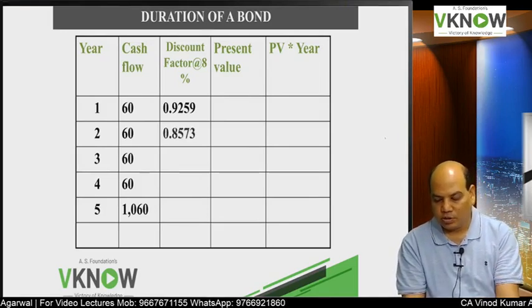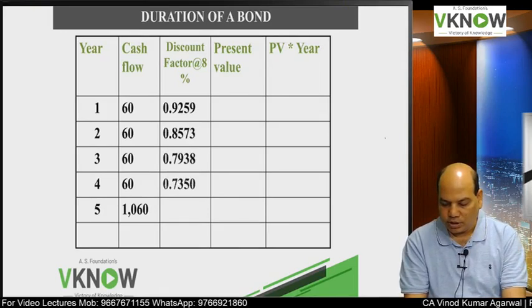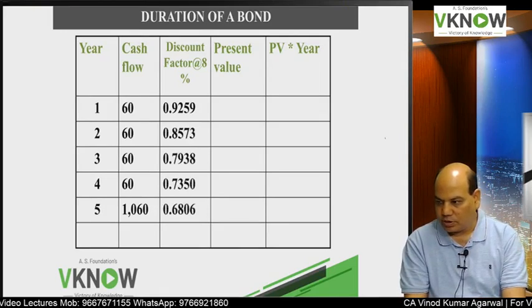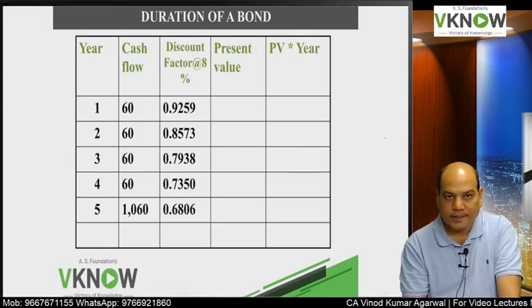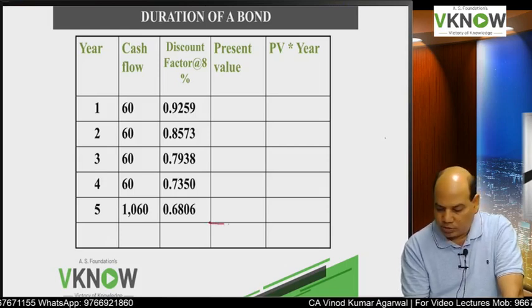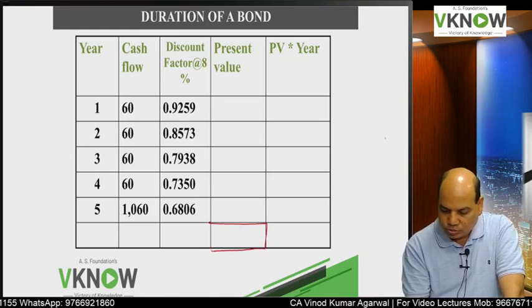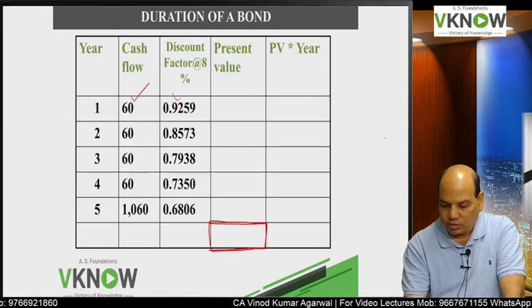Again press equal to 0.8573, equal to 0.7938, 0.7350, 0.6806. Now just multiply and add. Do it yourself a little fast. Let me see who will give me the total here first. Multiply these two columns.